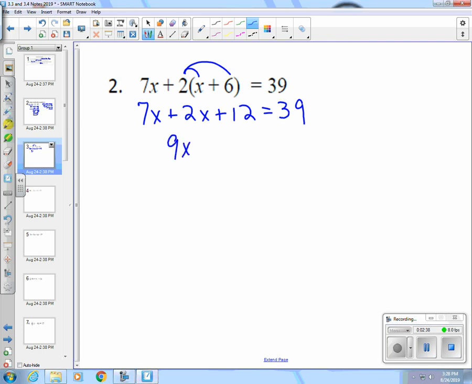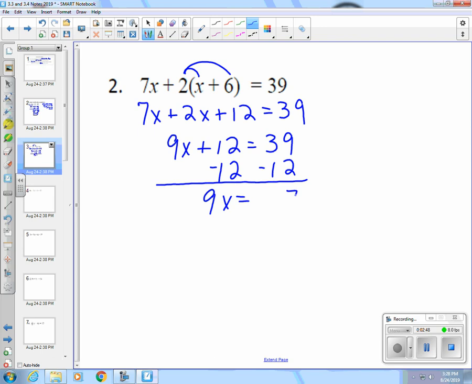So 9x plus 12 equals 39. Subtract 12 on both sides, so that you're left with 9x equal to 27. And then we can divide by 9 on both sides and have x equal to 3. All the way along, we're using inverse operations.